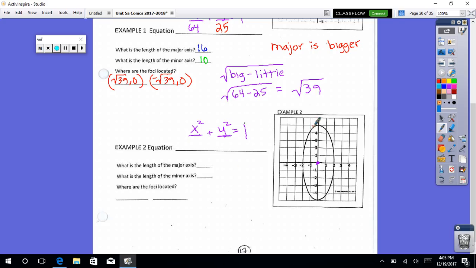So our Y is our height. Looks like he is 5 tall. 5 squared is 25. And our width is right here at 2. 2 squared is 4.